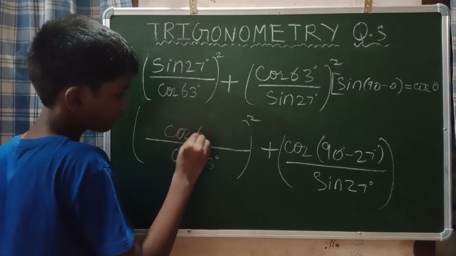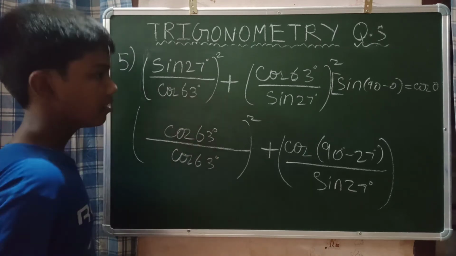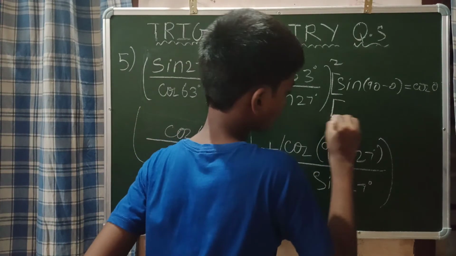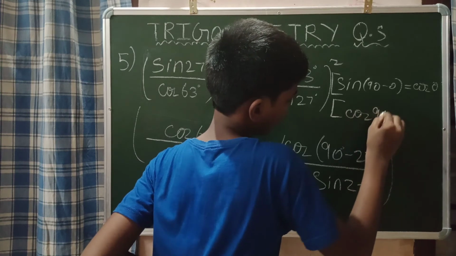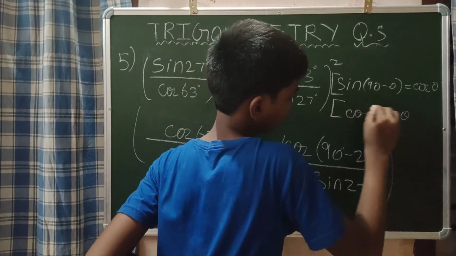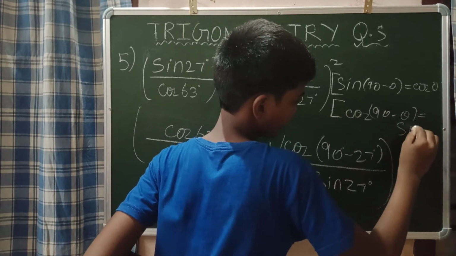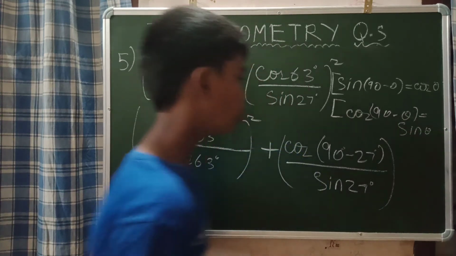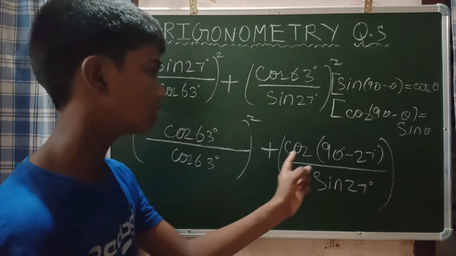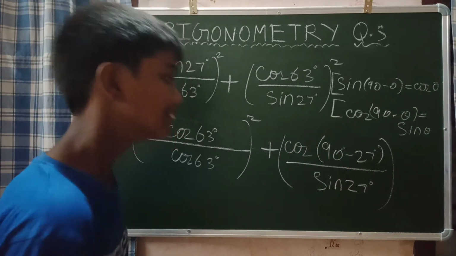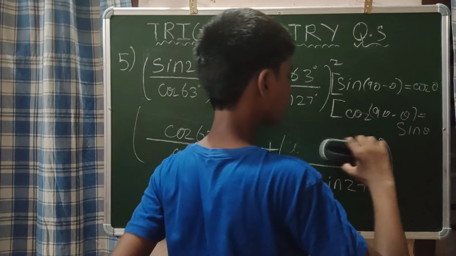And we know the formula that cos 90 minus theta is equal to sin theta. So using that formula I can write cos 90 minus 27 degree as sin 27 degree.